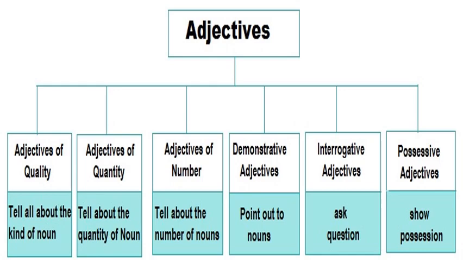Demonstrative adjective points out the noun. Fifth one is interrogative adjective, which is used to ask a question. And the last one is possessive adjective, which shows the possession of the noun.